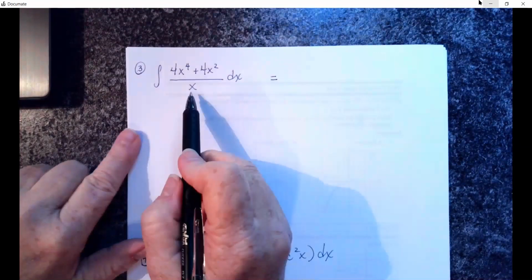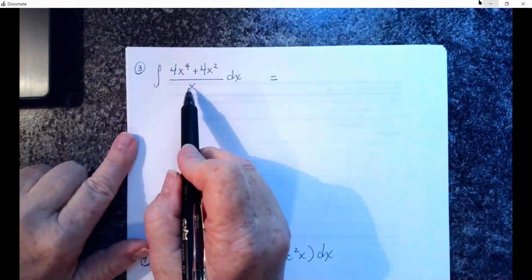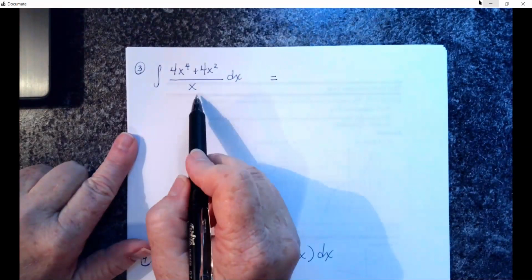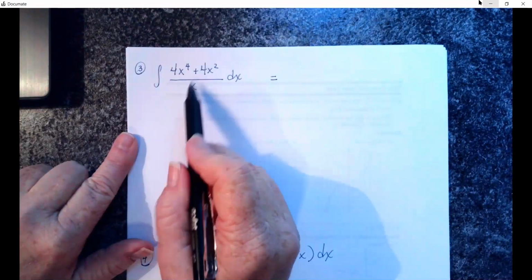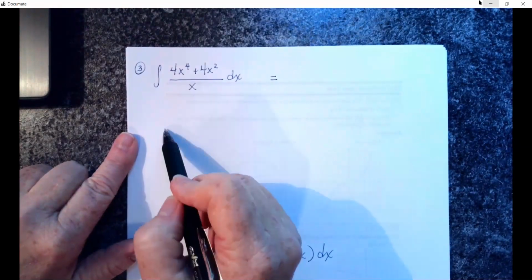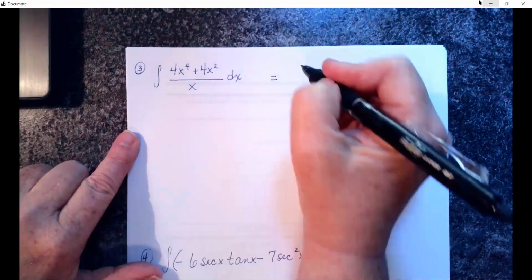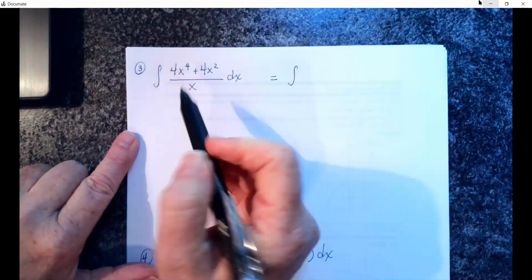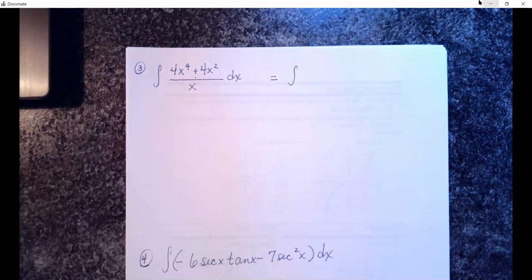One of the algebraic tricks, if you will, when there's a single term in the denominator is to break that fraction apart and simplify each part. Remember, you can break a fraction apart across addition or subtraction in the numerator.